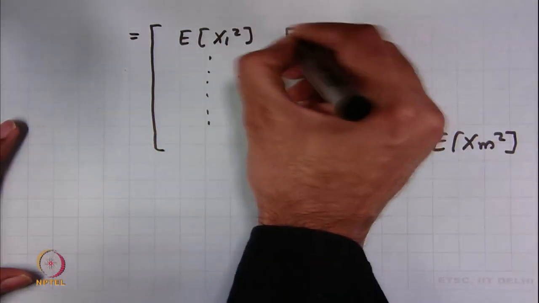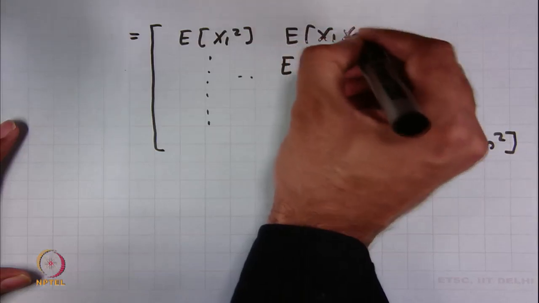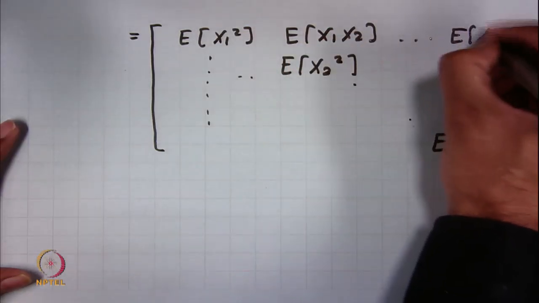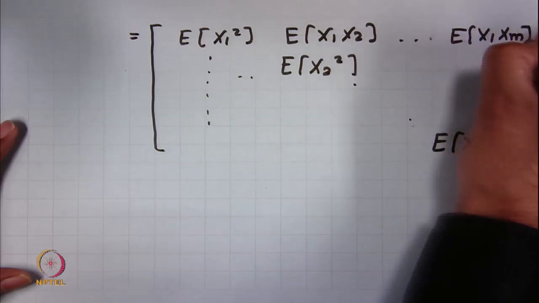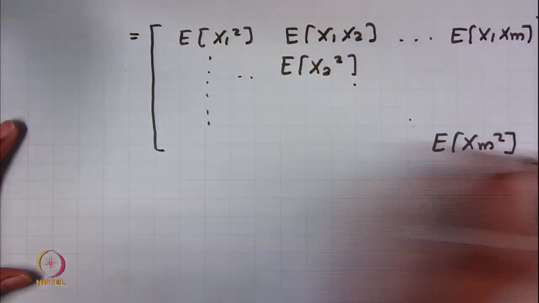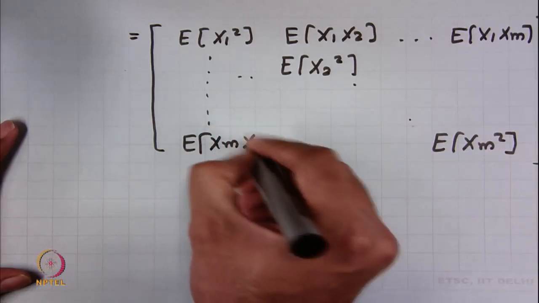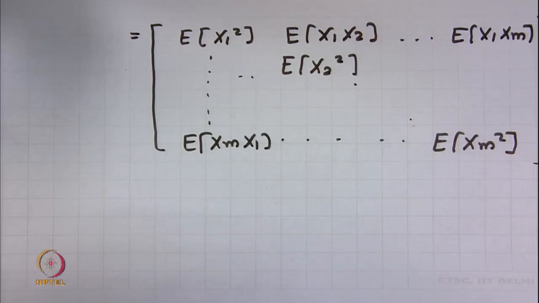This would be expected value of x1 x2, this would be expected value of x1 xm, and so on and so forth. The rest I believe that you can fill in yourself. Okay. So, now we have understood clearly, I guess there is no more ambiguity about what I mean by taking the variance of a random vector x.